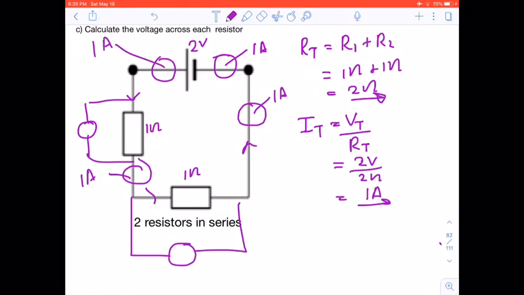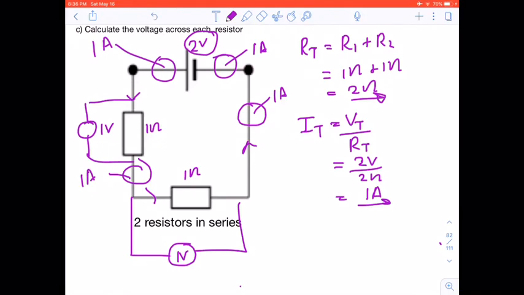Unlike a parallel circuit, here you've got 2 volts, and wherever you have a resistor, there's going to be a potential drop. So at this resistor you're going to have 1 volt, and at this resistor you're going to have 1 volt because they're equal resistances. If they weren't equal, we'd need to calculate the voltages, which are dropped proportionately depending on the size of the resistor.